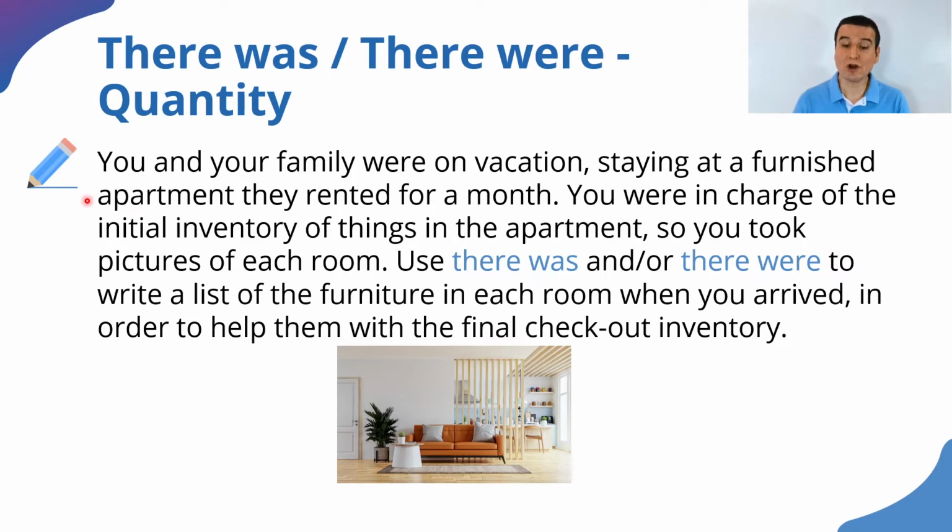You were in charge of the initial inventory of things in the apartment, so you took pictures of each room. So the day you arrived, you took pictures of the room, and you already know what was there, or what things there were there. Use there was or there were to write a list of the furniture in each room.